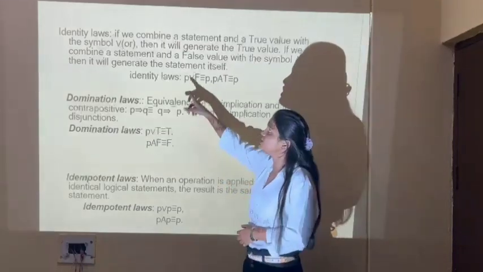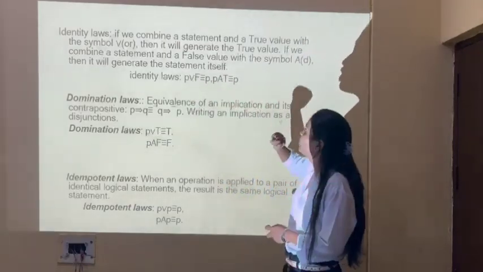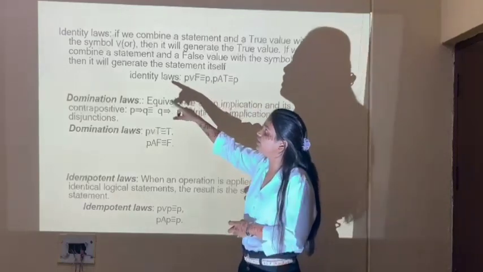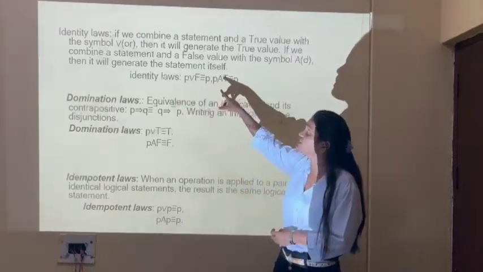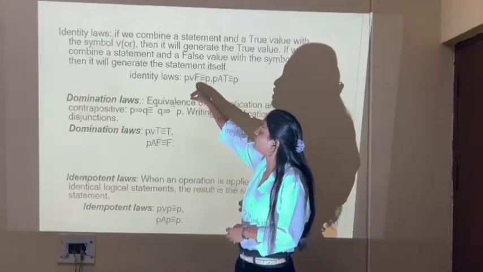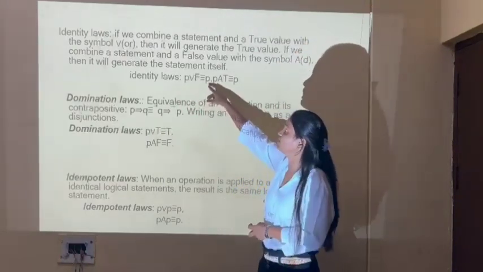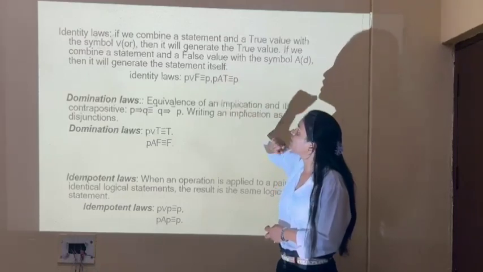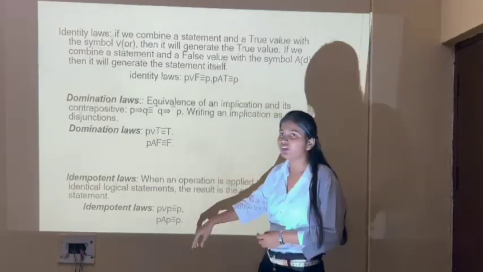If you combine a statement and the false value with the symbol and, it generates the statement itself. Identity laws: P or F, P and T is equal to P.